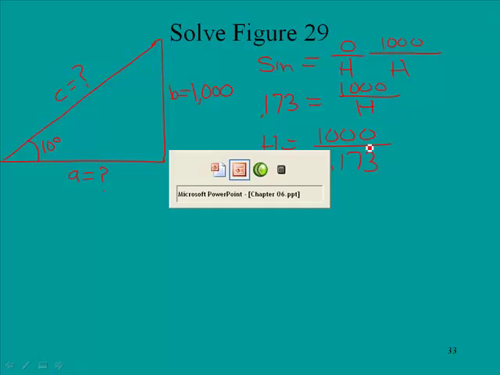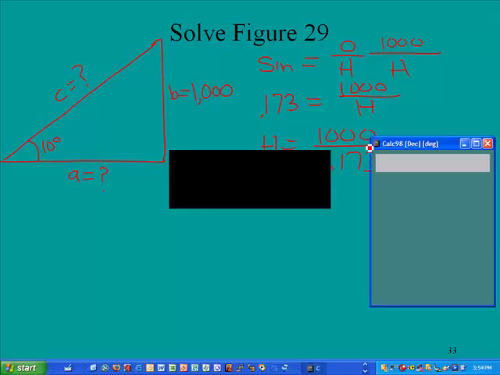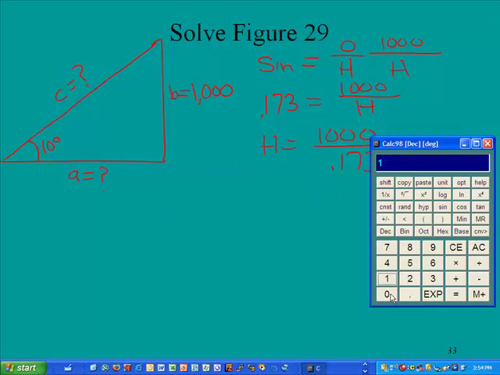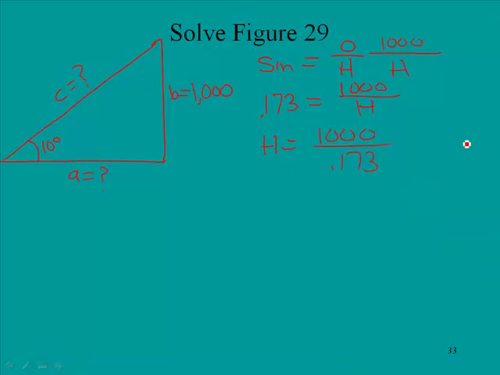And so let's go ahead and do that. 1,000 divided by 0.173 equals 5,780. That will be our hypotenuse.